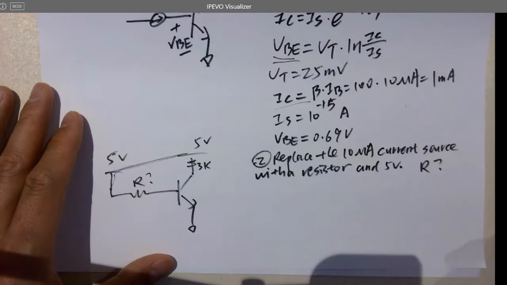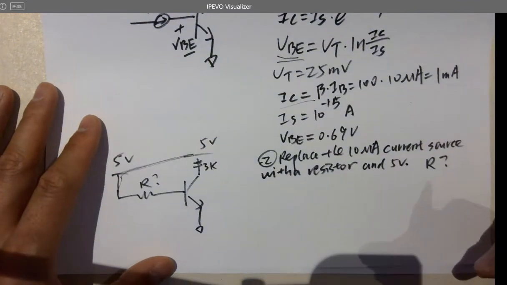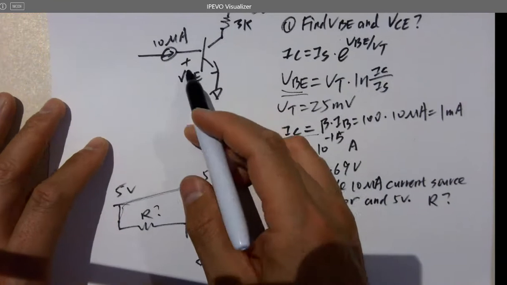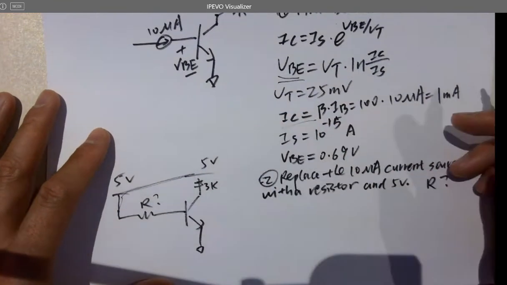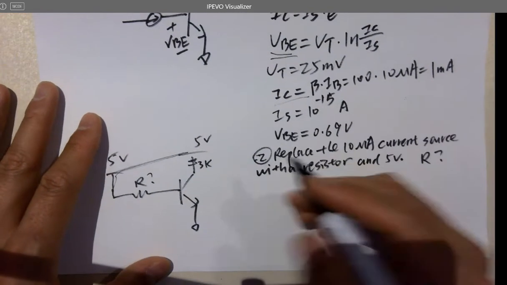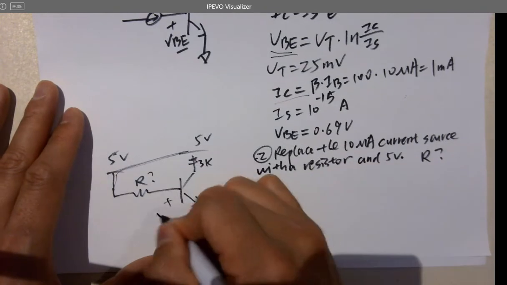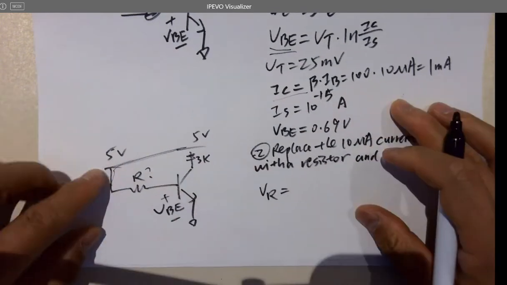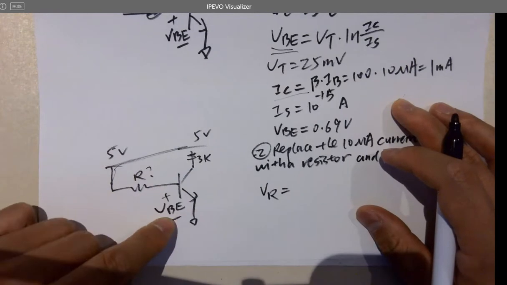How to calculate it? Because it's being operated at the same mode, which means it's getting the same VBE. So you have the VBE given because you have calculated already. So VR equals to, we got 5 volts here, and from this node to here, you got a VBE drop.